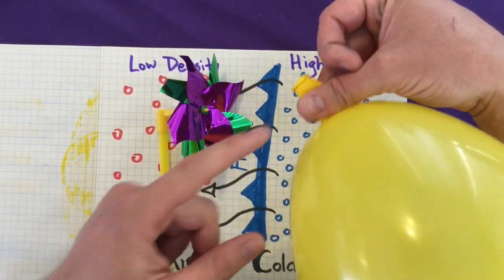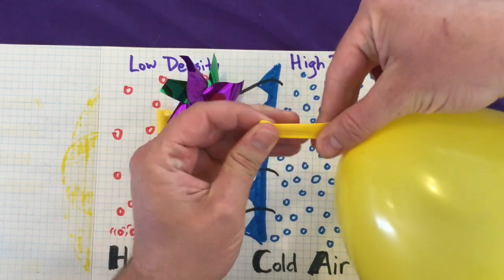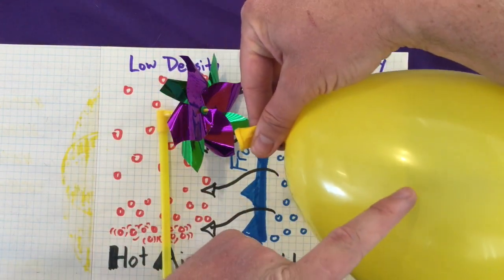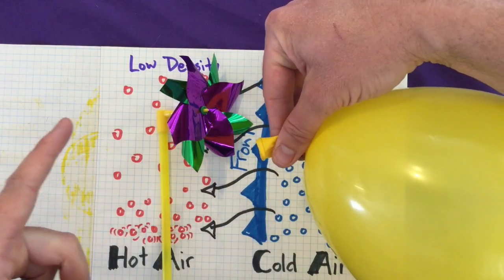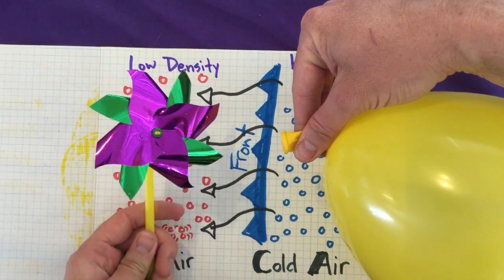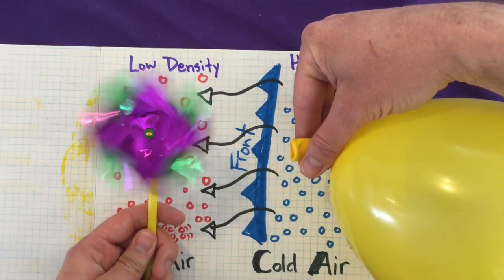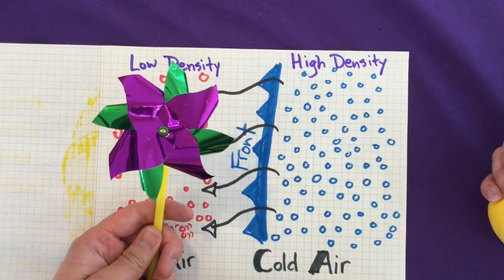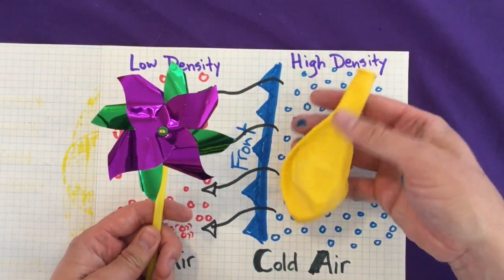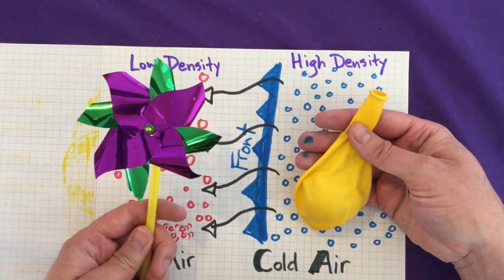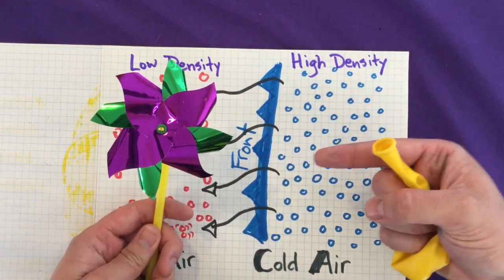When I open the valve here, at the end of the balloon, all of this high density air is going to want to flow to where there's low density. And to illustrate that, I've got the pinwheel to show you. So even though you couldn't see it, the air, as it traveled from the high density of the balloon towards the low density of the space around it, created wind.